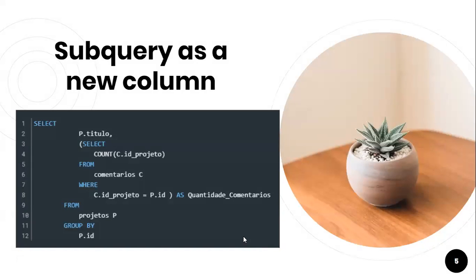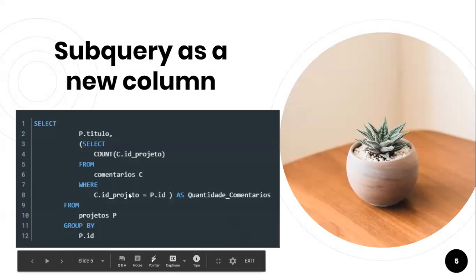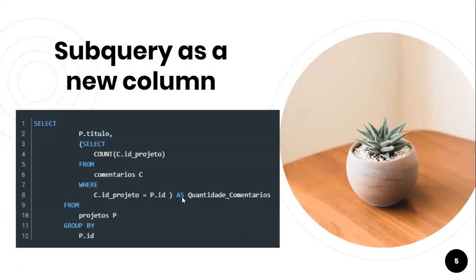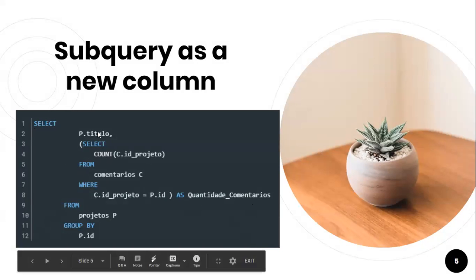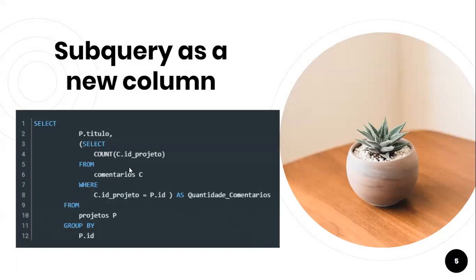So the first type is the subquery as a new column. Here we have a subquery inside parentheses, and this is named with AS. The name of this subquery is quantity of comments. As the subquery is in the place of a column of the query, it is processed as a column.